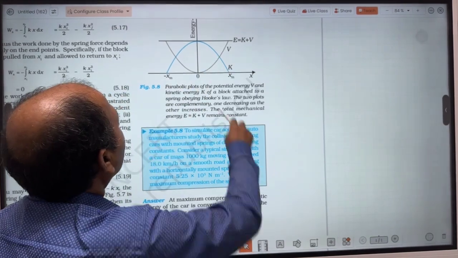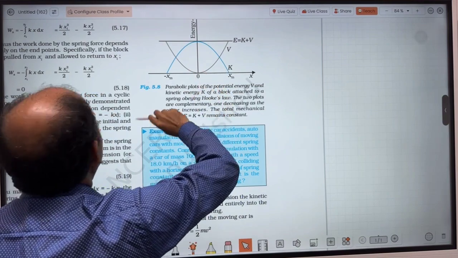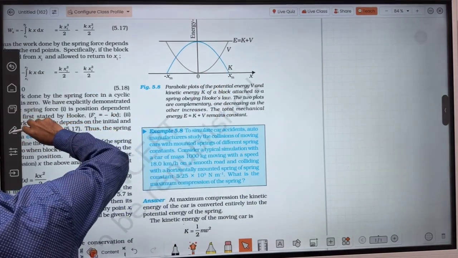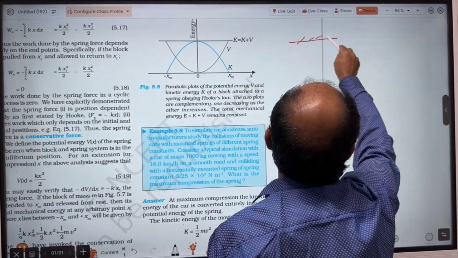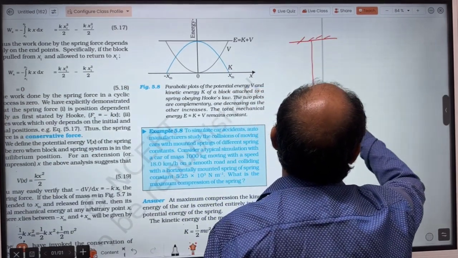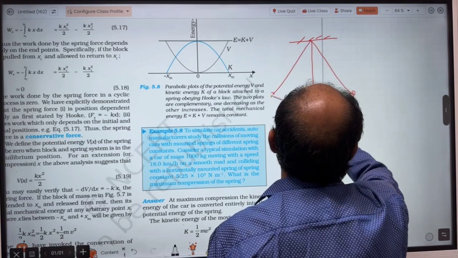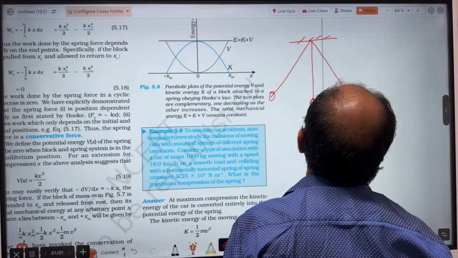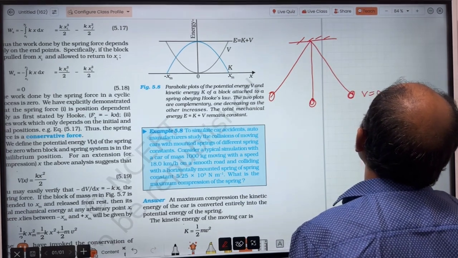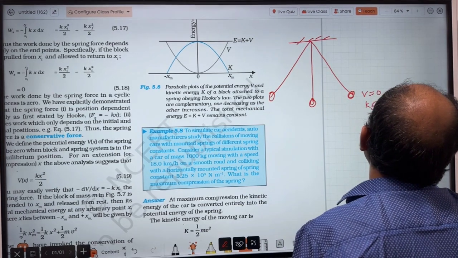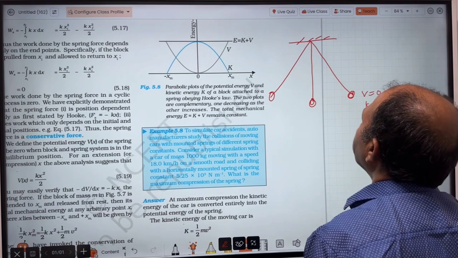When kinetic energy is maximum, potential energy will be minimum. We can refer to the case of a simple pendulum, where we can find the energy at different positions. At the extreme positions velocity will be 0, so kinetic energy is 0, only potential energy is there, and potential energy will be maximum.